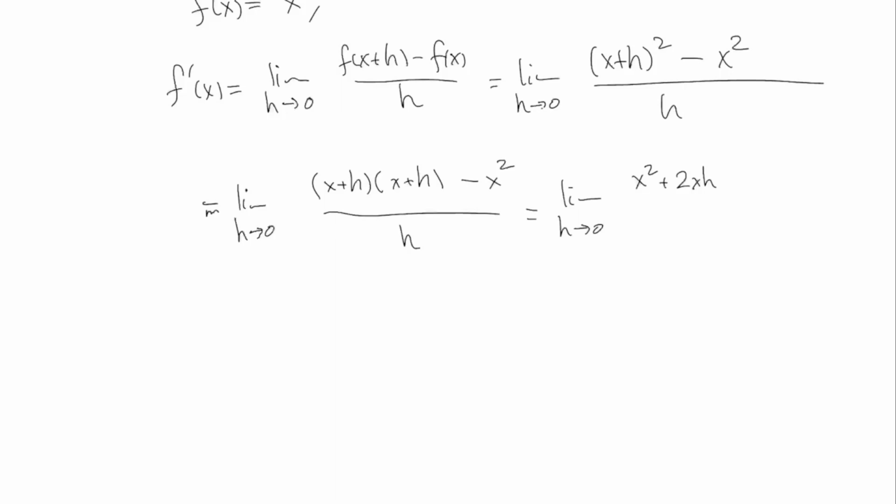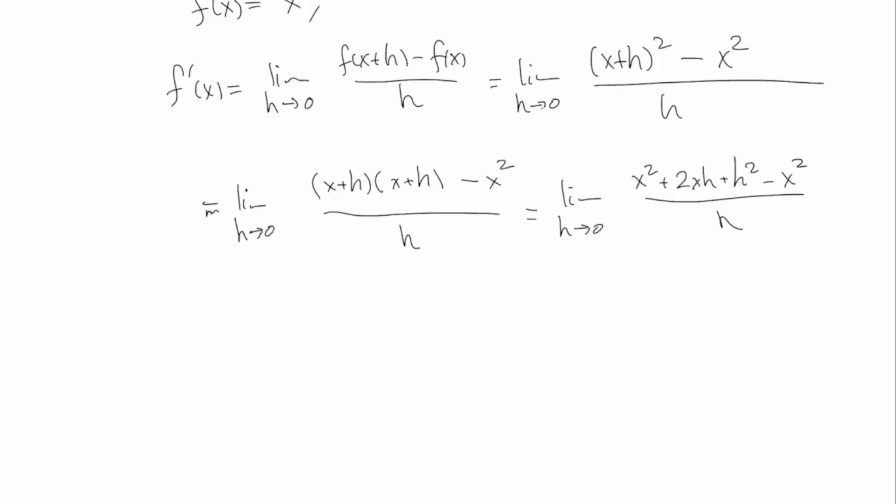They add up to 2xh. And then on the ends, I have h times h, which is h squared. All right? That's the FOIL part. Then I continue. Minus x squared, divided by h. All right?